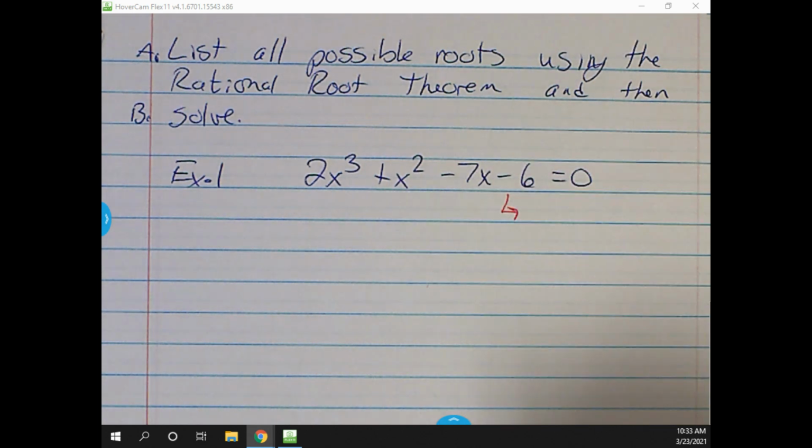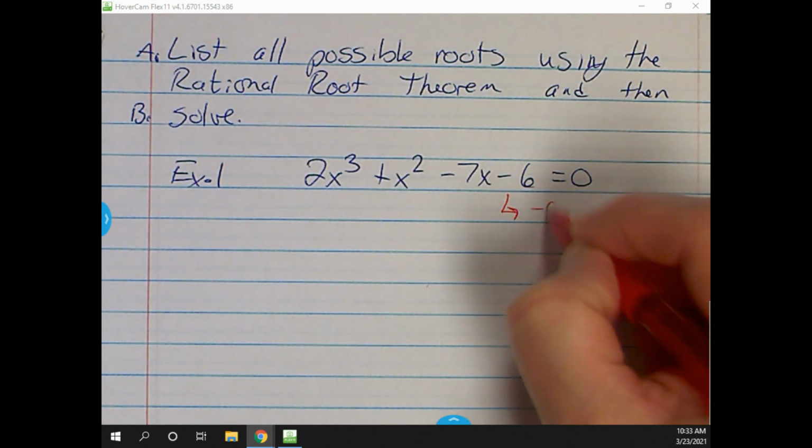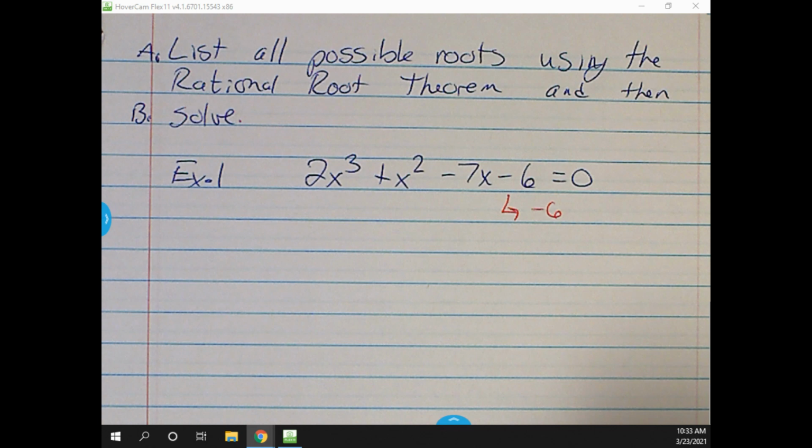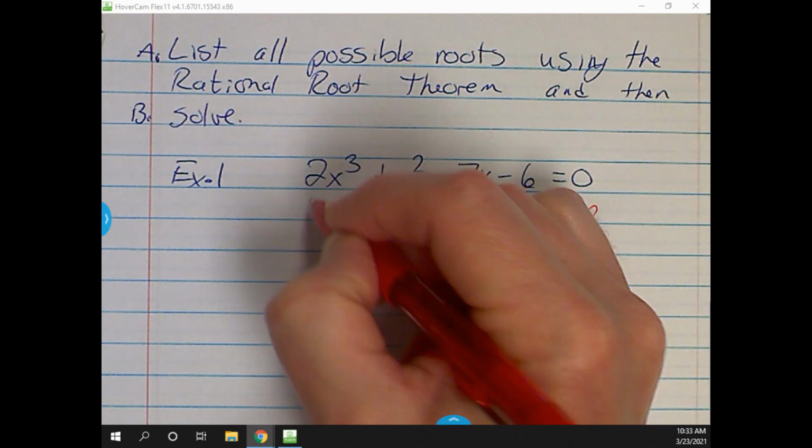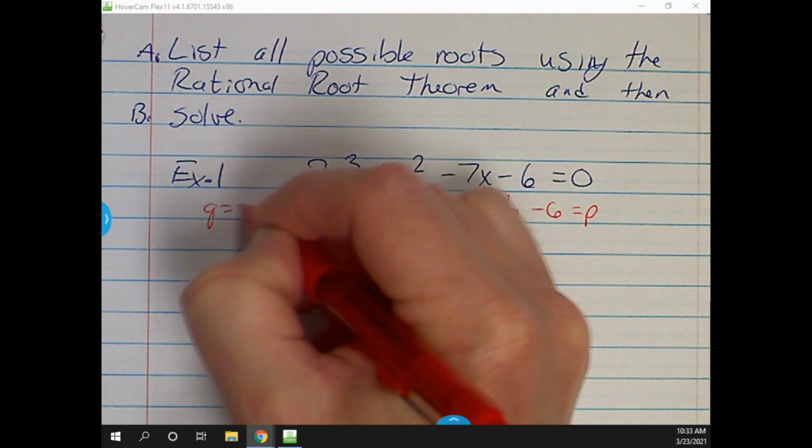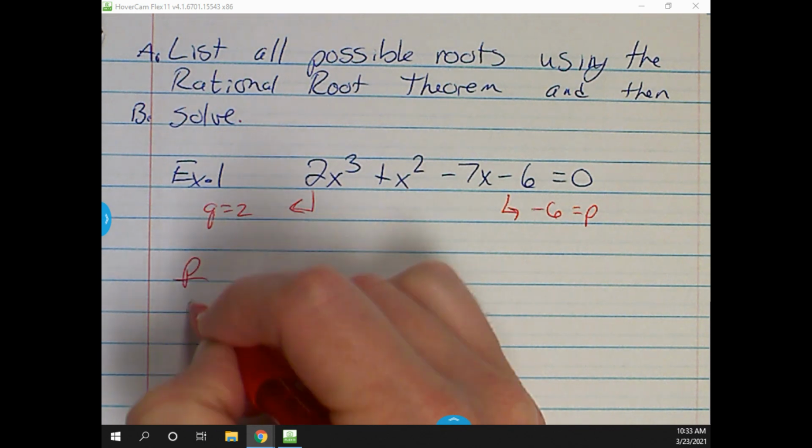So in this case, we've got our P is -6, and our Q is 2.